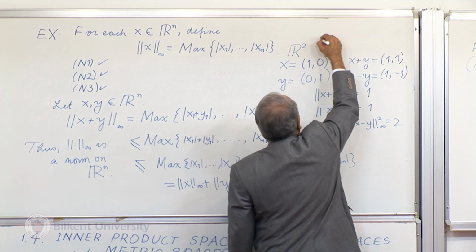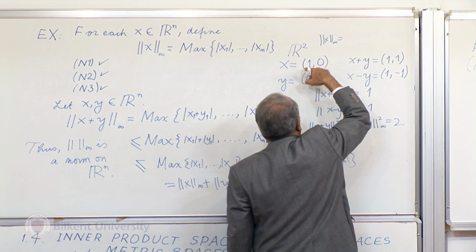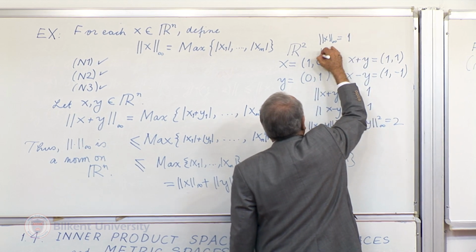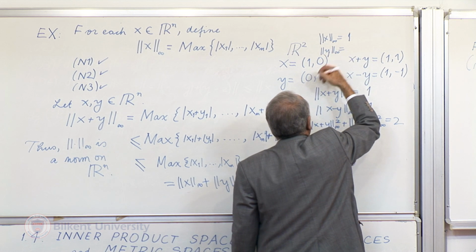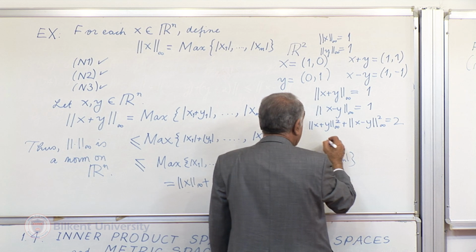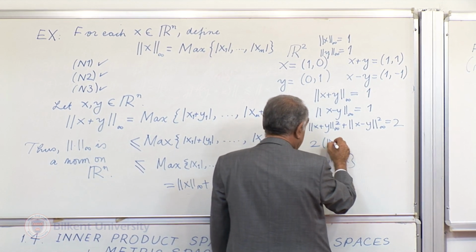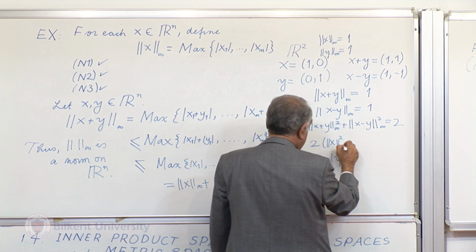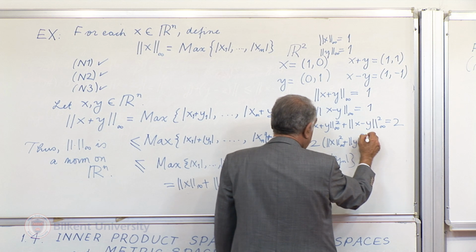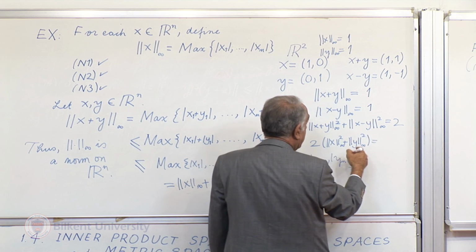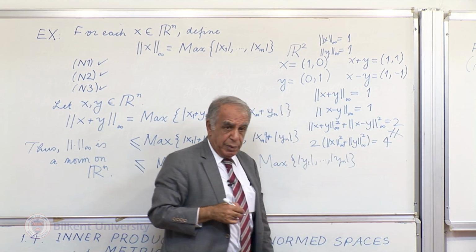But what about this? Well, (1, 0), the maximum is 1. Well, that's (0, 1), the maximum is 1. On the other hand, twice, well, these are both 1, this is 4, but 4 is not equal to 2.